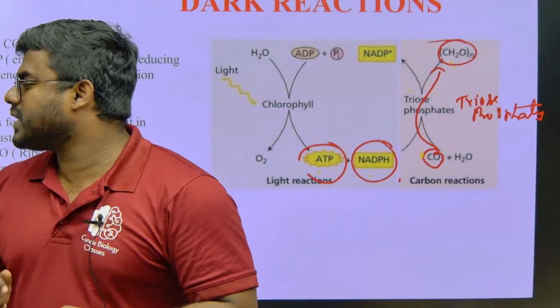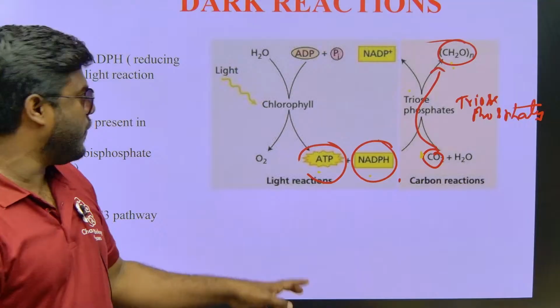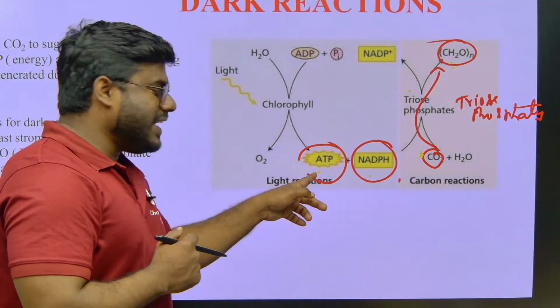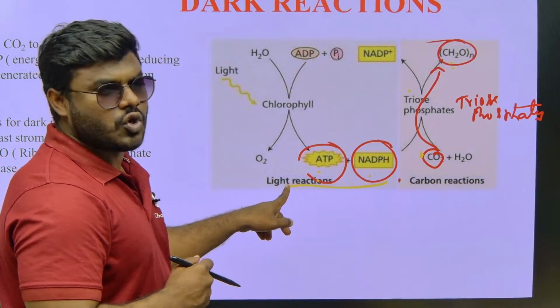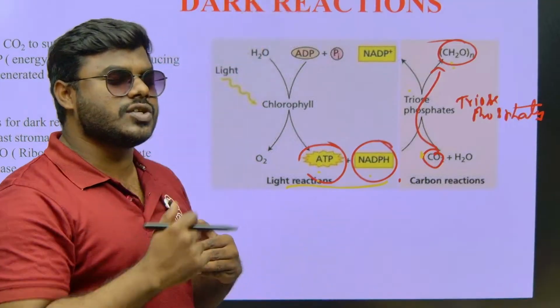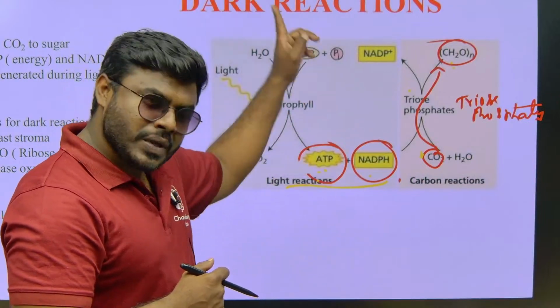Now all of you answer, where is the site of production of ATP and NADPH? Which side does it occur? Is it the granal side or the stromal side? Obviously on the stromal side. What is the reason? Because NADPH is synthesized towards the stroma, and the ATP synthase enzyme is also located towards the stromal side.